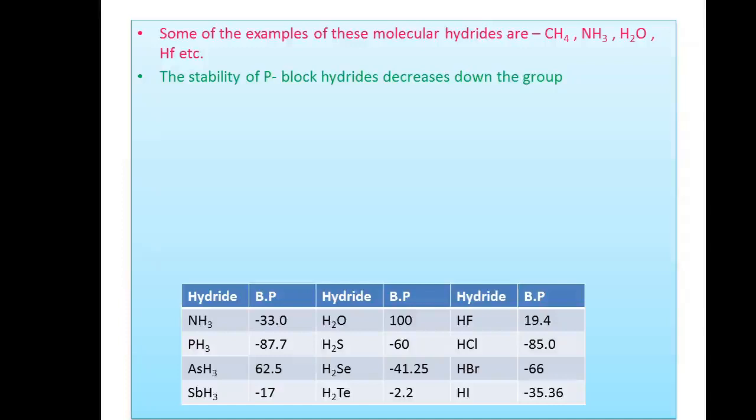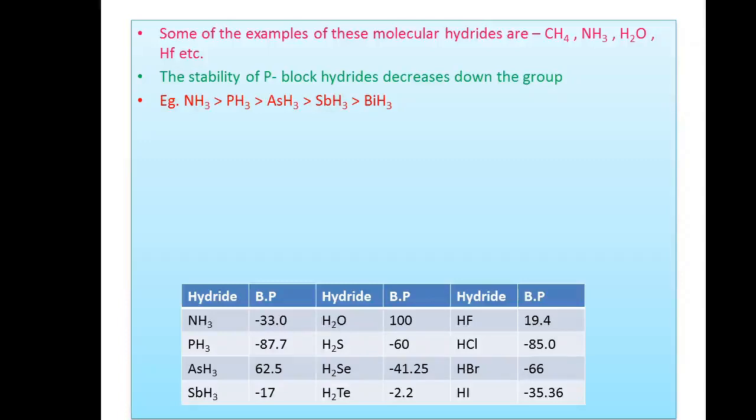For example, NH3 is greater than PH3 is greater than AsH3 is greater than SbH3 is greater than BiH3.